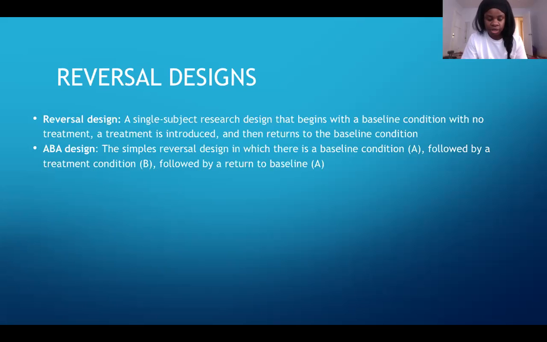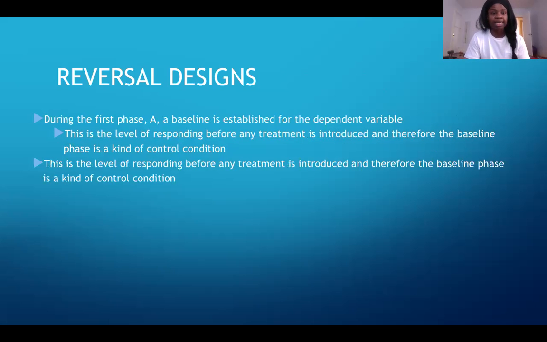This is the level of responding before any treatment is introduced, and therefore the baseline phase is a kind of control condition, okay? In a multiple treatment reversal design, a baseline phase is followed by separate phases in which different treatments are introduced, okay?